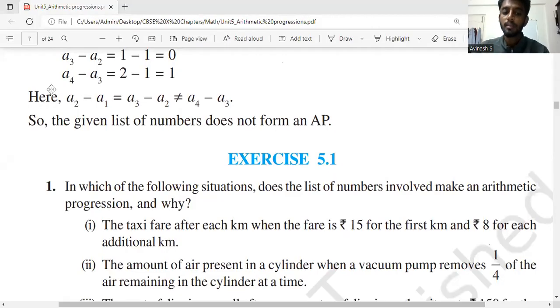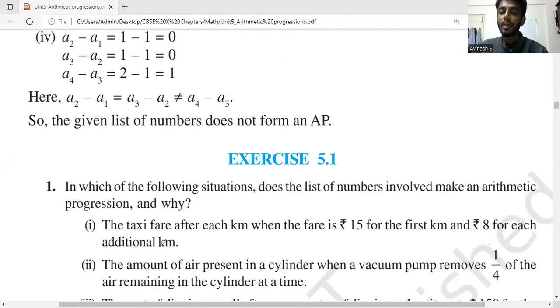When it comes to the second subdivision, they have very clearly given the amount of air present in a cylinder when a vacuum pump removes 1/4 of the air remaining in the cylinder at a time.